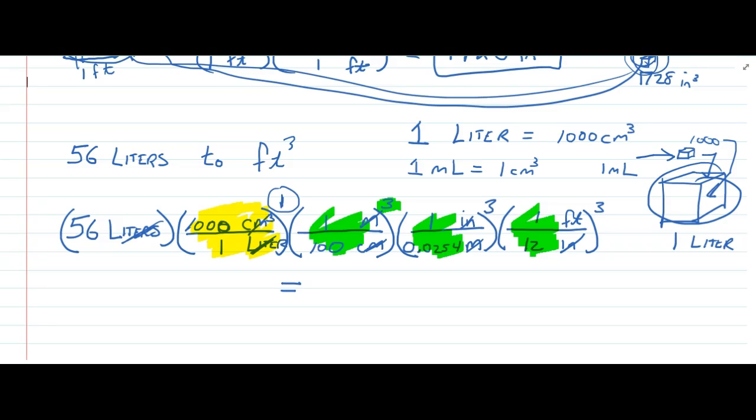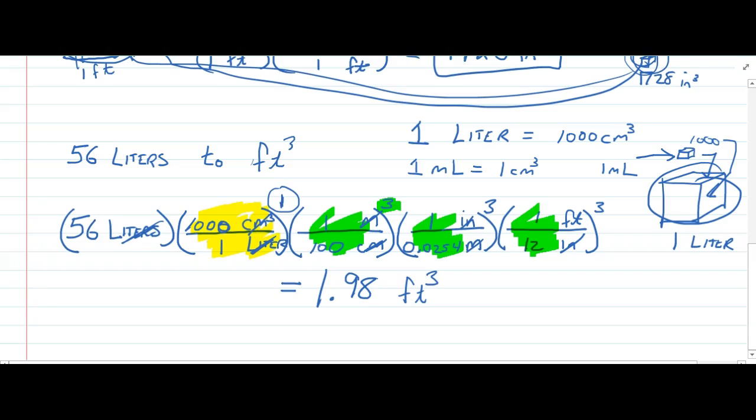So another set of parentheses, 12 raised to the 3rd power, close the parentheses. And hopefully if that all shook out correctly, you should end up with 1.98 cubic feet as your answer. So hopefully this all has worked out for you.